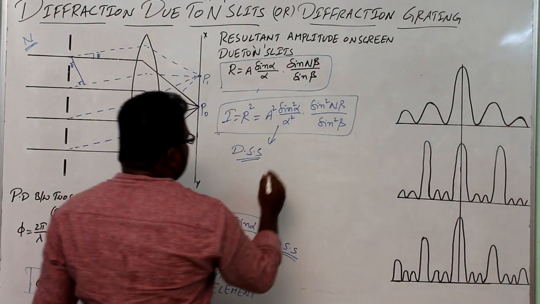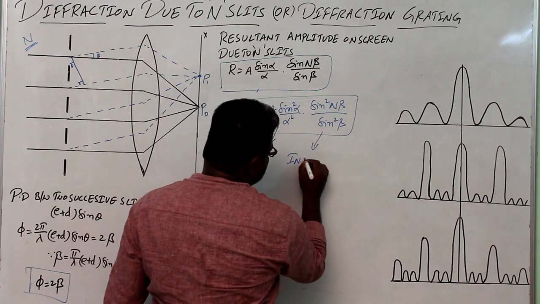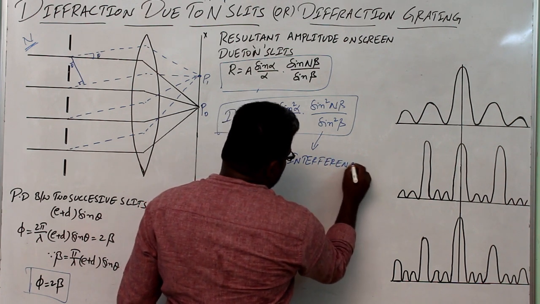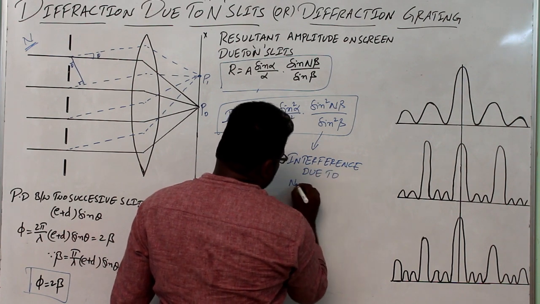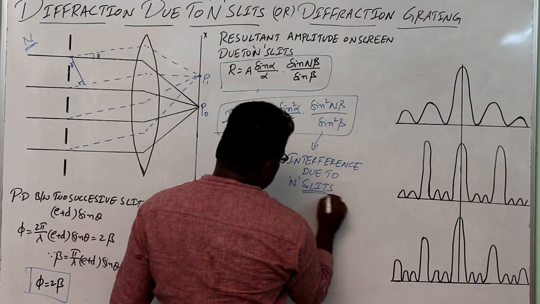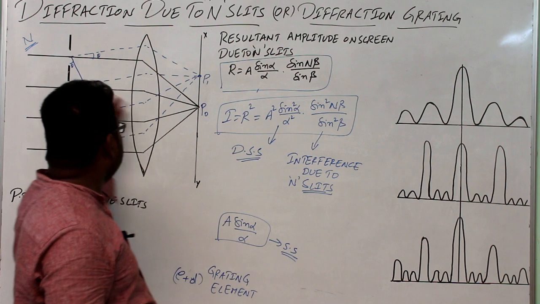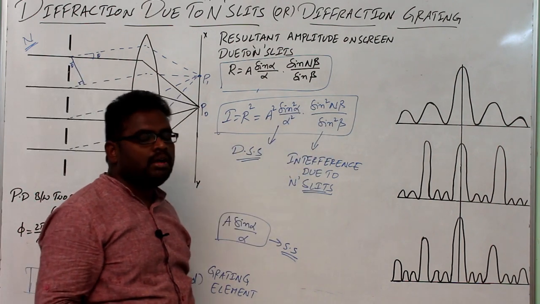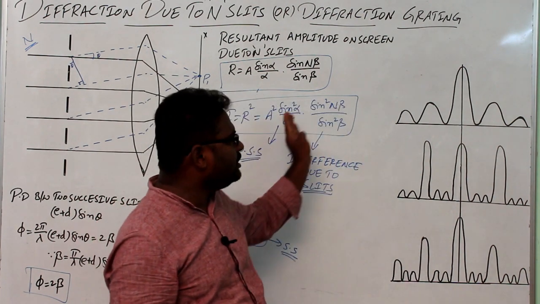And if you take this particular term, this is the interference due to n slits, capital N number of slits. The first term gives single slit diffraction, which we know very well and have discussed completely.